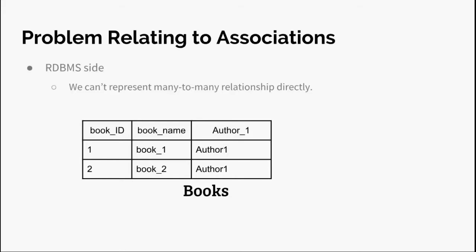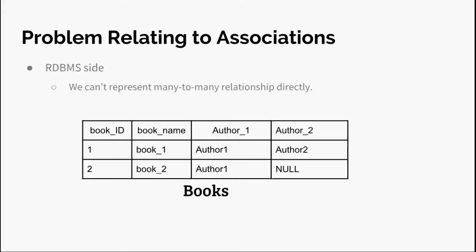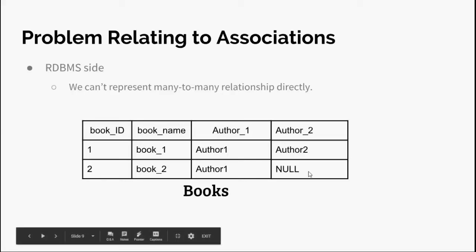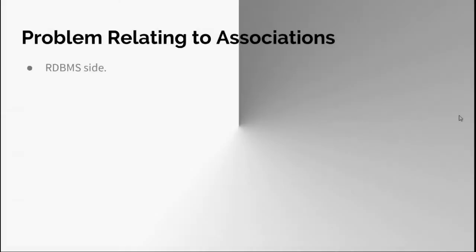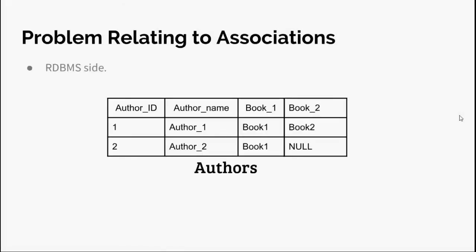One solution you might think of is to add another column. If we add another column, then we can accommodate books that have two authors. But again, the question remains, how can we accommodate books that have three authors? Another problem is a book that has only one author will contain null values for the remaining author fields. Similar problem for the authors table as well.